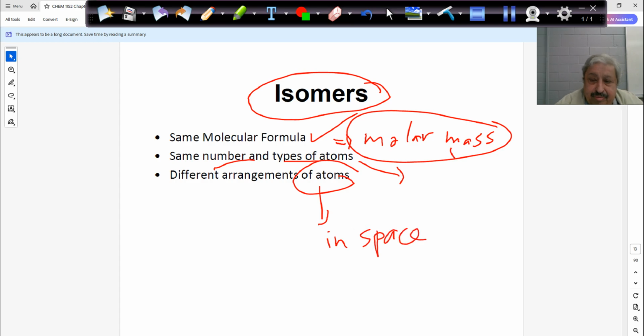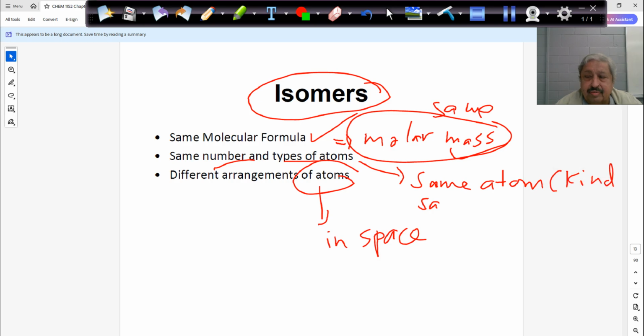However, they share the same molar mass, so the same type of atoms, the same number of atoms. So that's what they share.